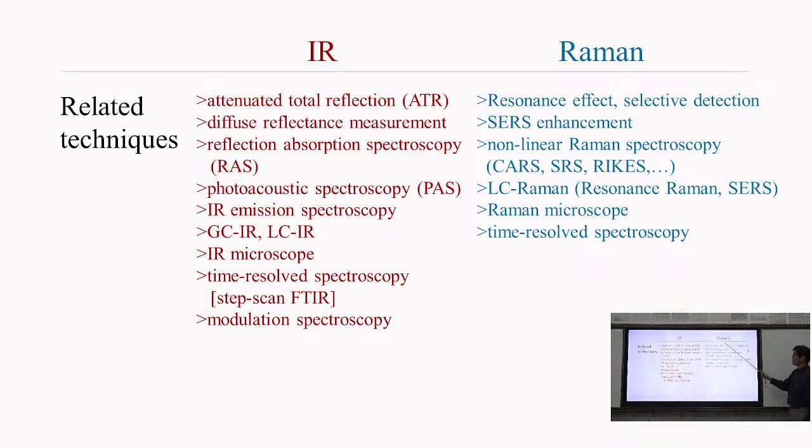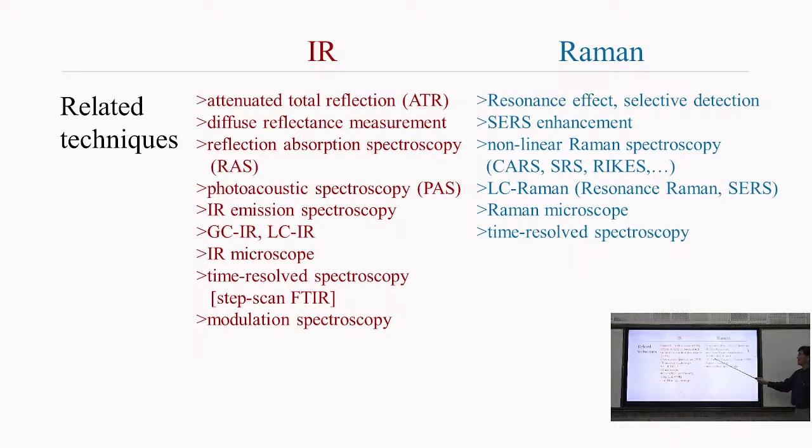With Raman spectroscopy, we can use the resonance effect and selective detection of a chromophore in a huge molecule. Sometimes surface enhanced Raman scattering is utilized to enhance the Raman signal. Also, nonlinear Raman spectroscopy gives clear peaks, like CARS, SRS, some nonlinear spectroscopy is available.